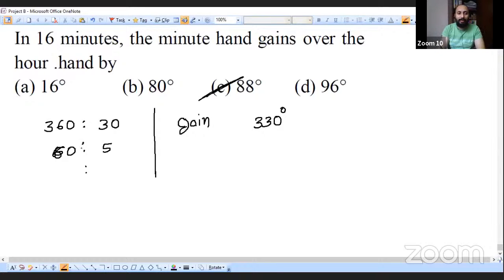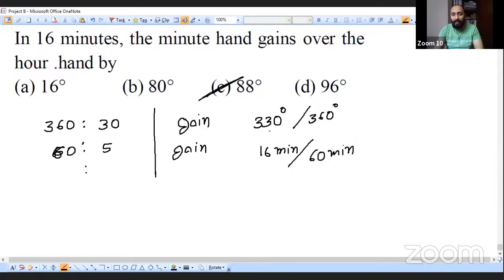So here, what is the gain? The gain here is 16 minutes per 60 minutes. Here 330 degrees per 360 degrees. Are you getting it, brother? The gain is 330 degrees per 360. Here it is 16 minutes per 60 minutes.